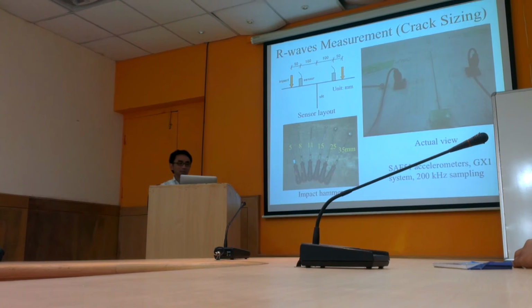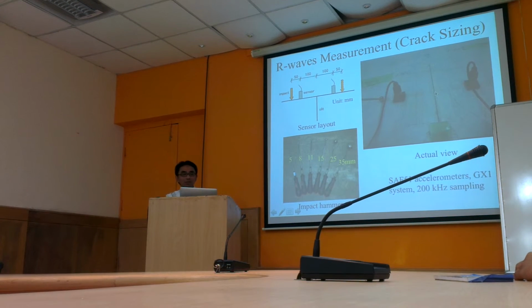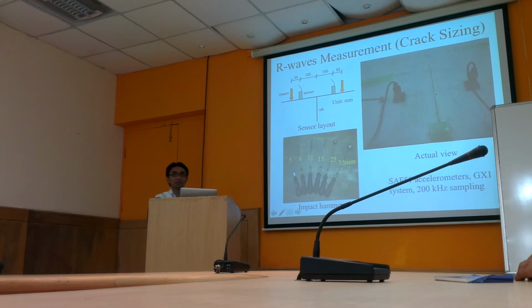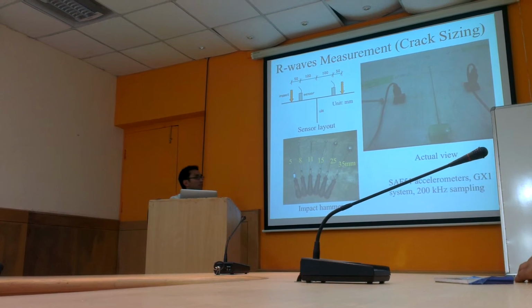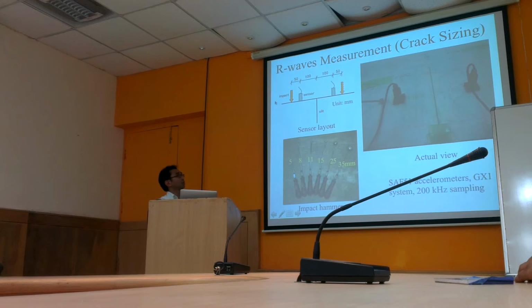So we use this method also to predict the depth of the crack. We published this paper in the ACI journal back in 2008. It's a very fundamental test. It's very simple. You have only 2 sensors, and then you impact at both sides and average the data.